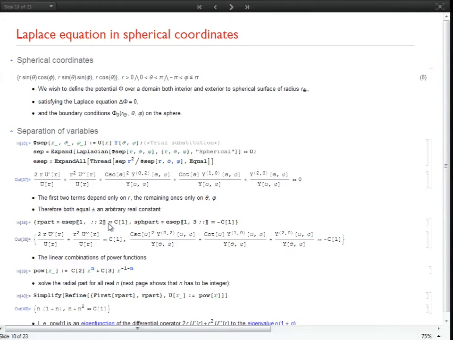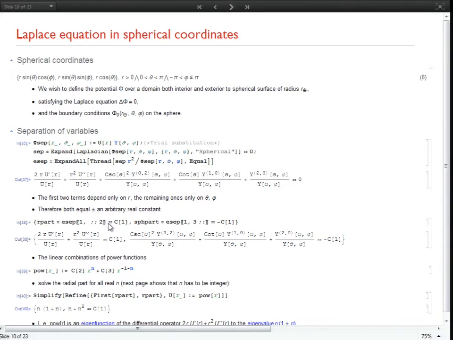In order to do that, the classic approach is the separation of variables. You separate your potential function into a radial part and an angular part, Y of theta and phi, plug that into the Laplacian, expand it, and then do some algebraic manipulation.